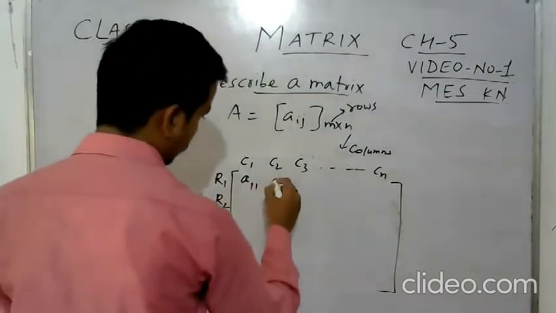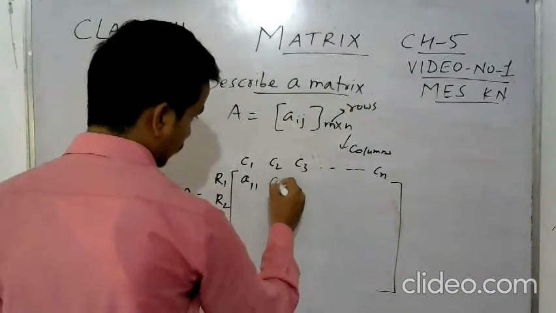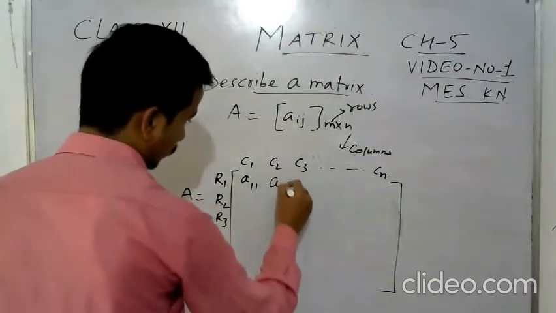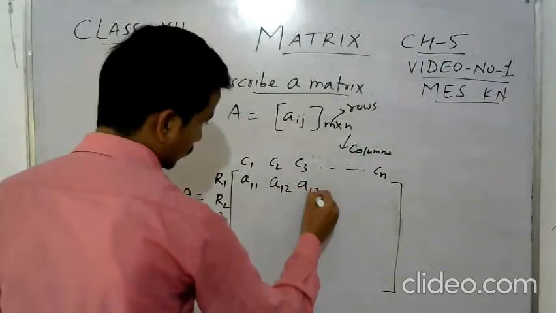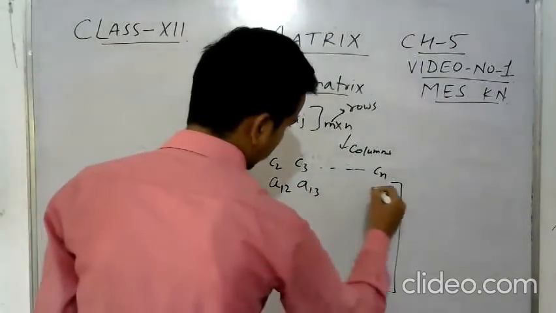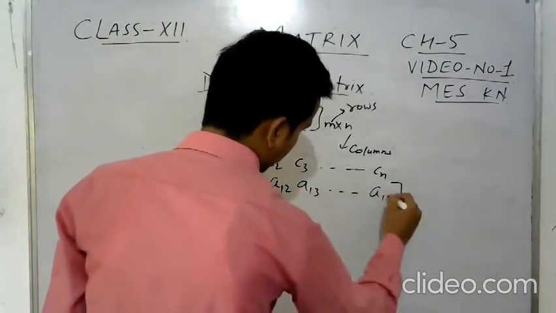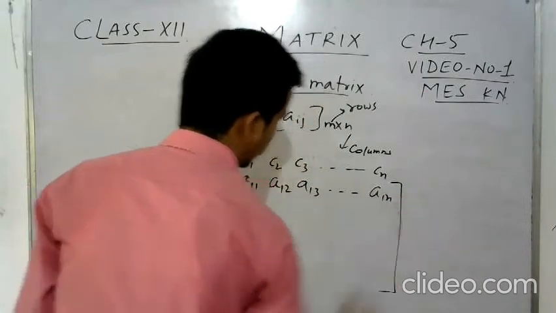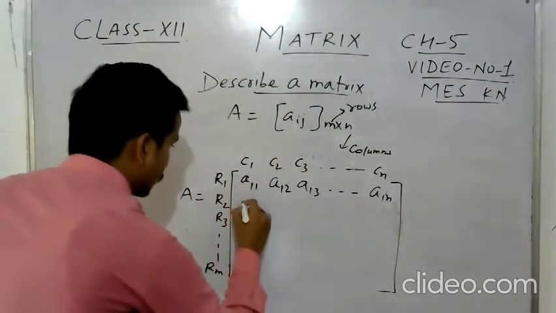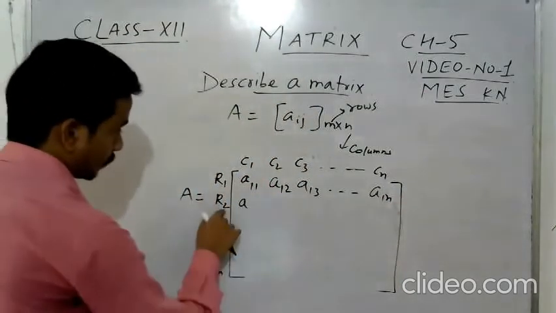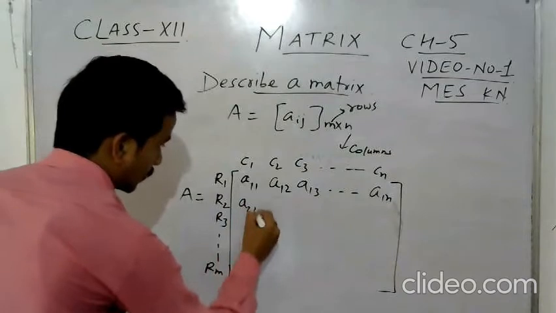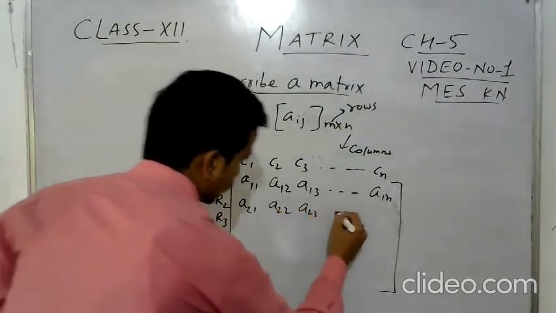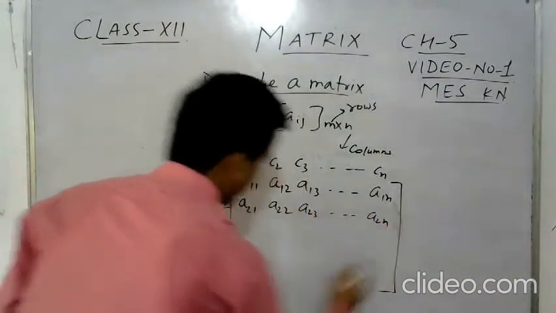Similarly, you can name the next element A. What is the row number? 1, and column number is 2. A12, A13, and like this the last element A1n, because this is the nth column. Now similarly you can name it A row number 2, column number 1, A22, A23, and similarly A2n.